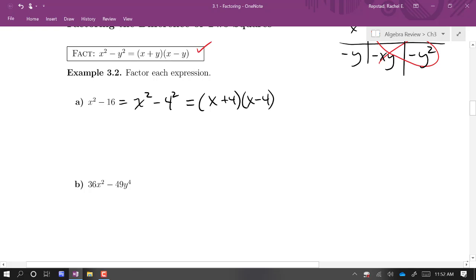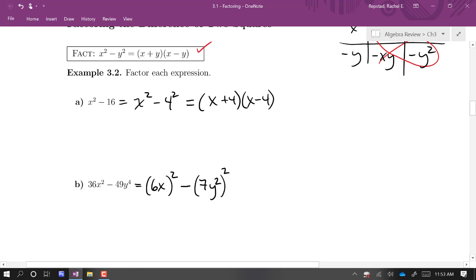In the next example, 36x squared minus 49y to the 4th, well, both of these are also perfect squares. 36x squared is the square of 6x, and 49y to the 4th is the square of 7y squared.